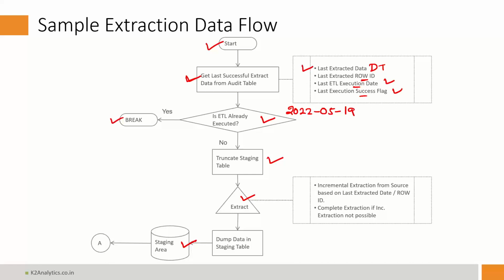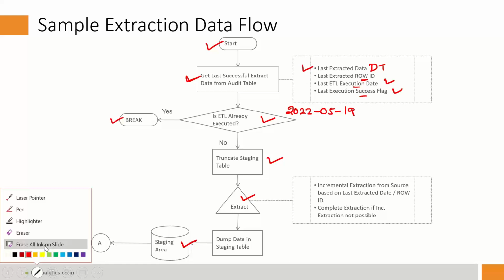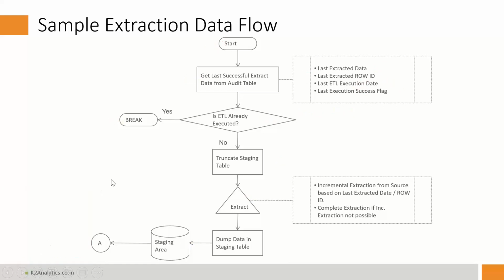I hope the extraction logic from this workflow is very clear. I'll just pause here. You see the workflow extraction logic which I have explained, and I'm sure with this flowchart things would be amply clear to all of you.